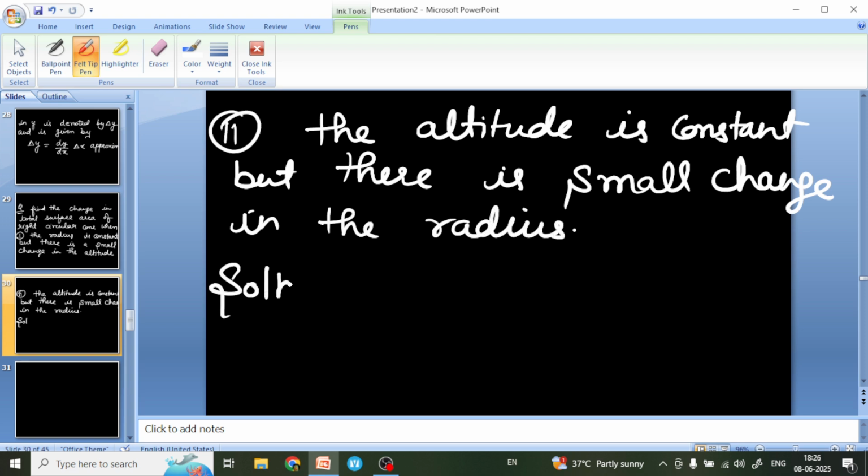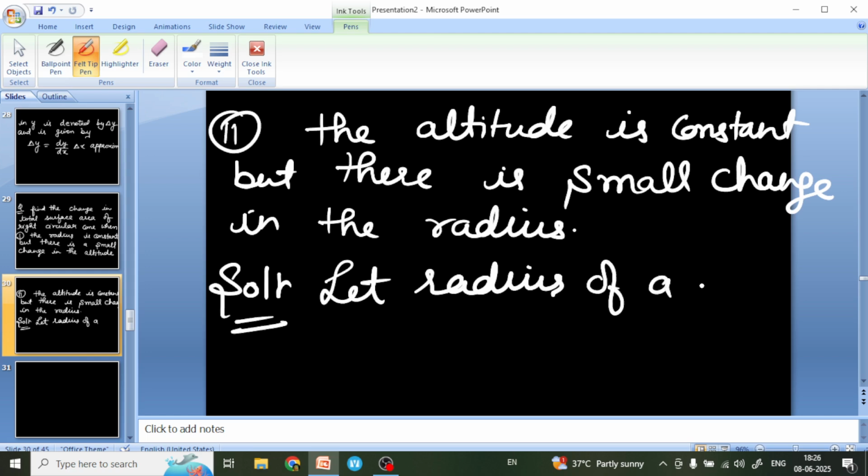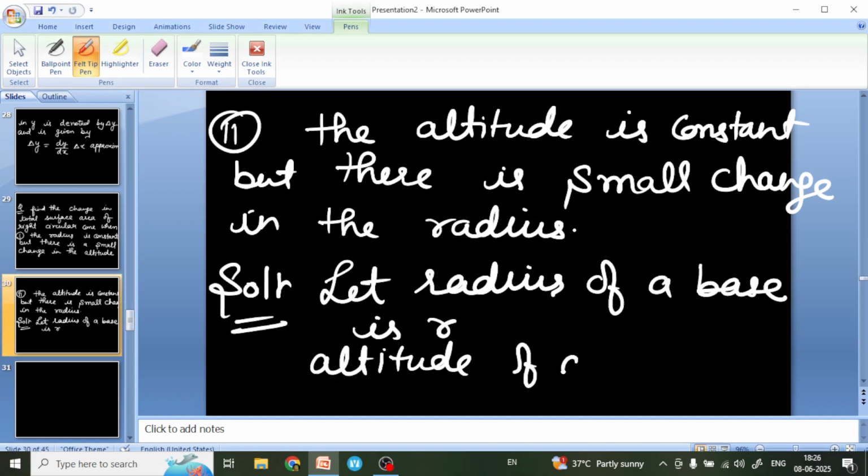How to solve it? First of all, suppose let radius of the base is r and altitude of the cone is h.